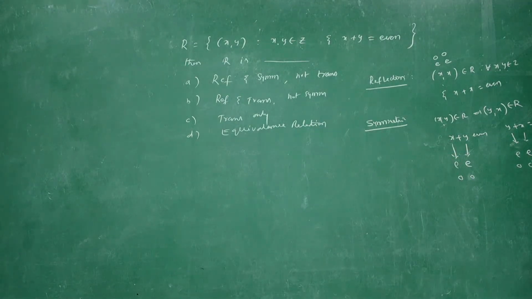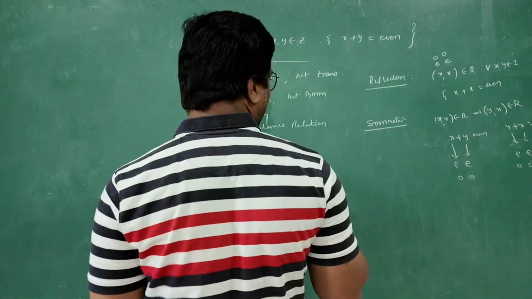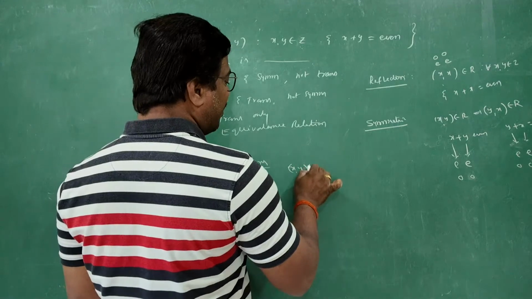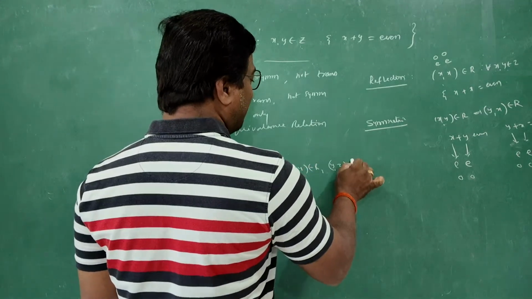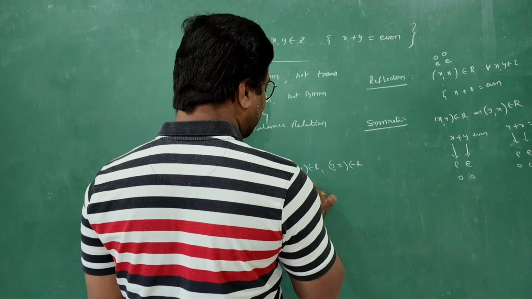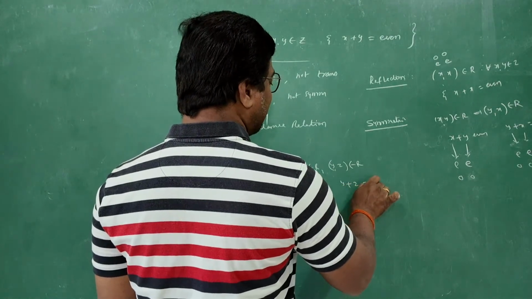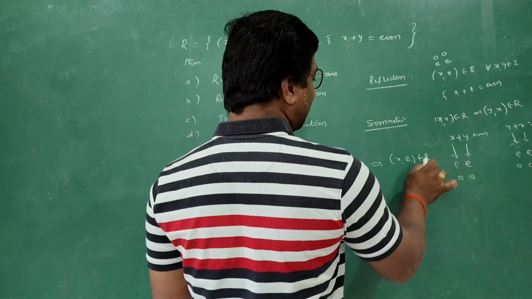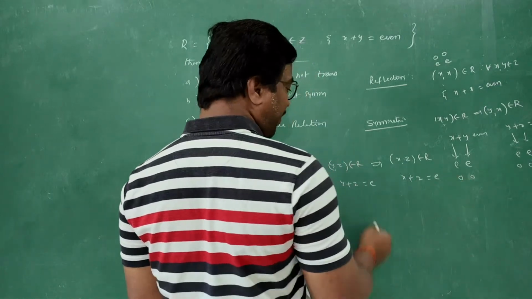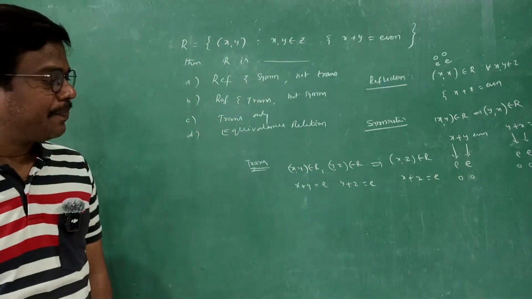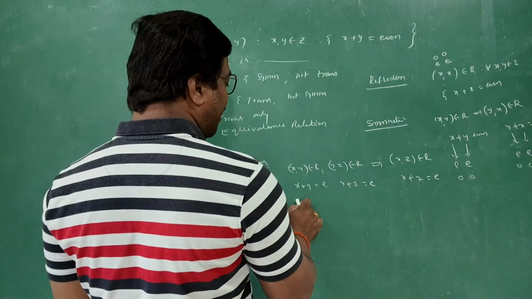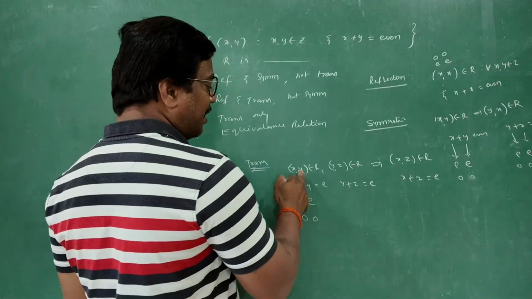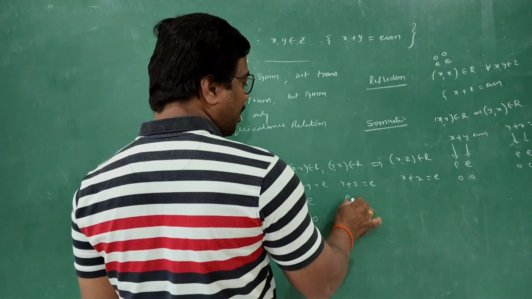Next, transitive. I am going to cross check the transitive property. x comma y belongs to R, y comma z belongs to R. Here the conditions are x plus y even, y plus z even, implying x comma z belongs to the relation such that x plus z is even. If it is true, then it is transitive. To get even, you have to select both even or both odd. If y is even, start with even.